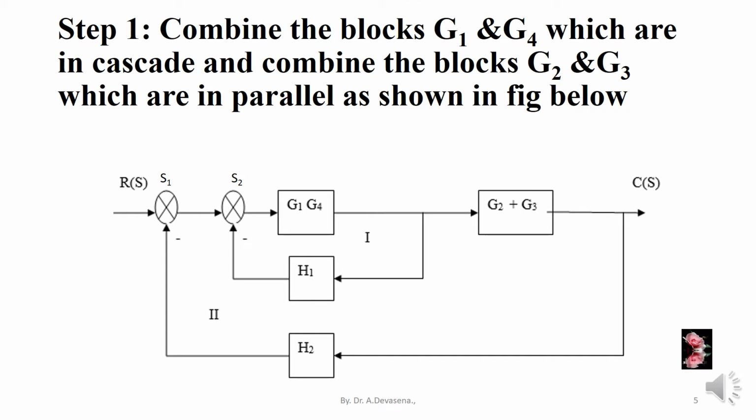That is, these two blocks are multiplied with each other to get G1 G4. Similarly, the blocks G2 and G3 are in parallel. So we can use the rule to combine the blocks in parallel by adding the two blocks G2 and G3 and make it a single block G2 plus G3. This is indicated in this diagram.